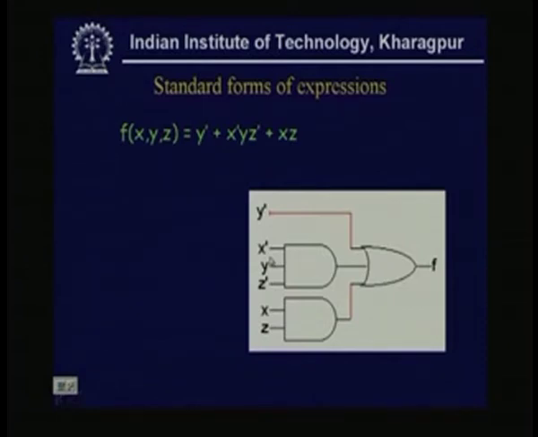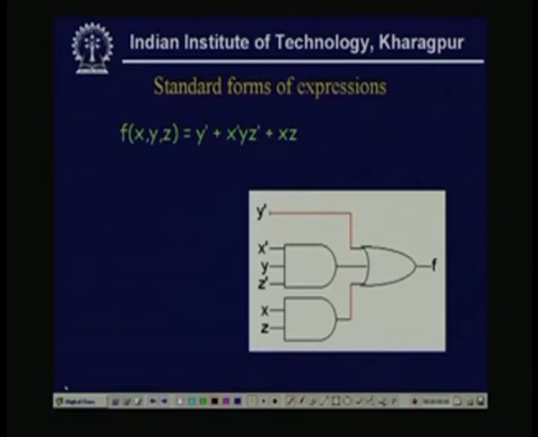Now, another standard form of expression, another example we take. This is a 3 variable function x y z, and the function is y dash plus x dash y z dash plus x z. See, just now I have given that example.